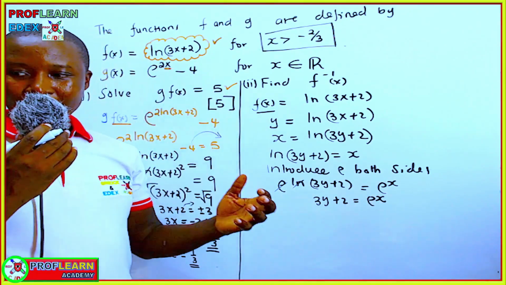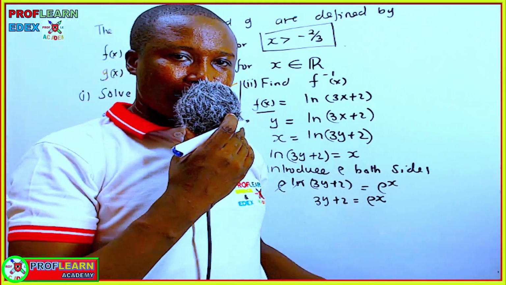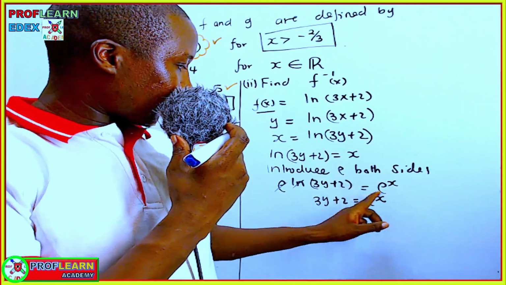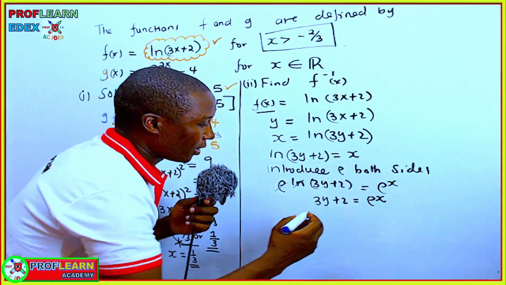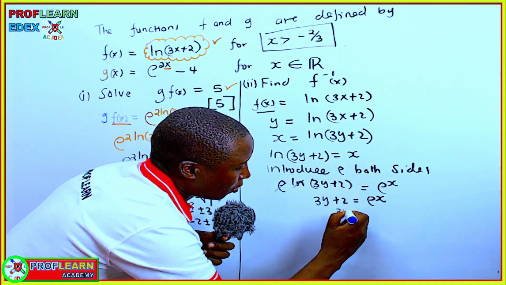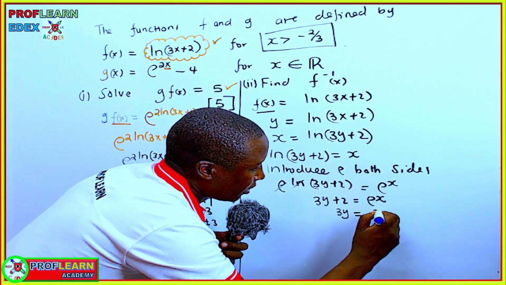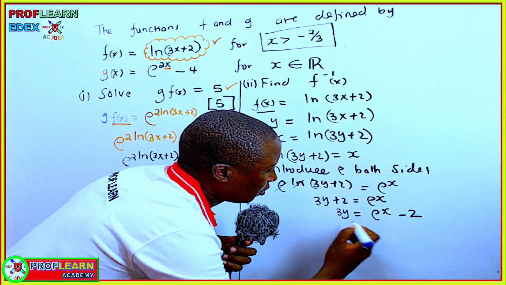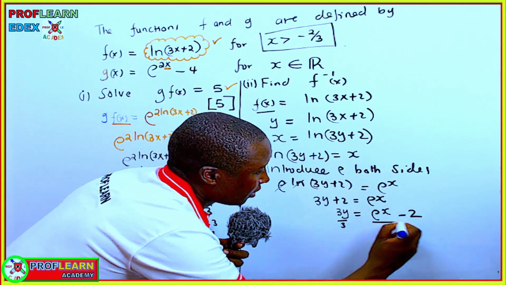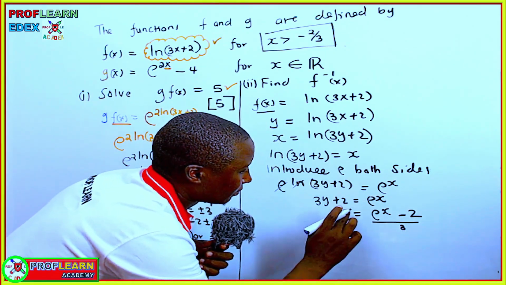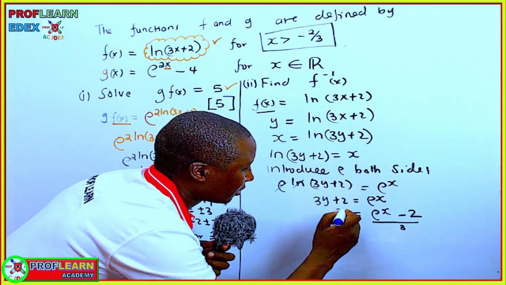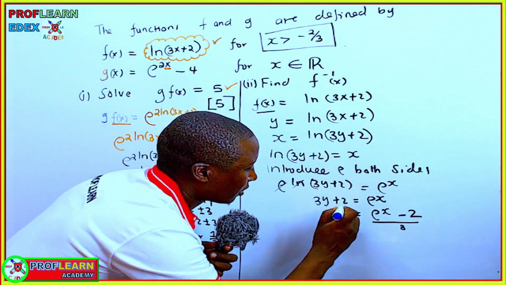Then since we want to make y the subject of the formula, we take the 2 to the other side, and then we divide by the 3 that we have here. So we have 3y equals e to the power x minus 2, then divide by 3 on both sides. The 3s cancel out, leaving y.